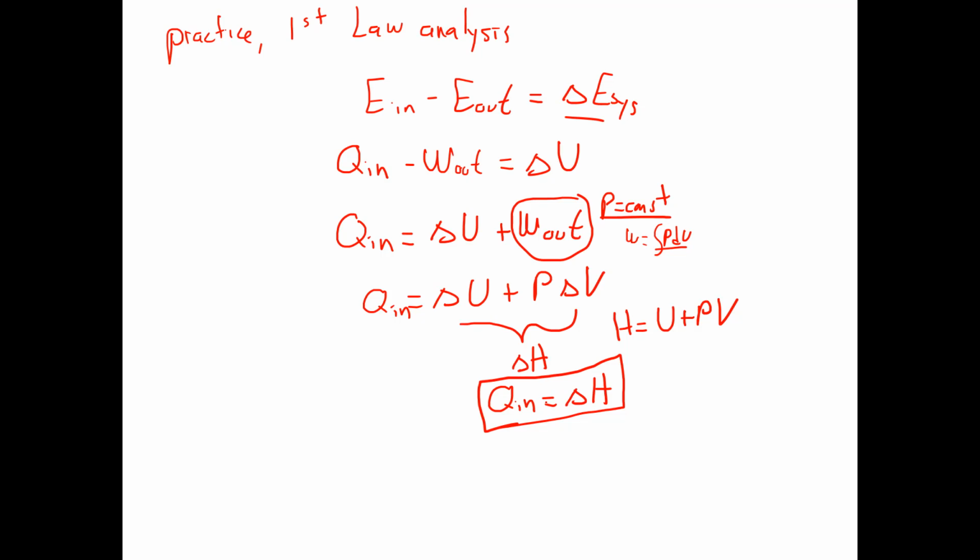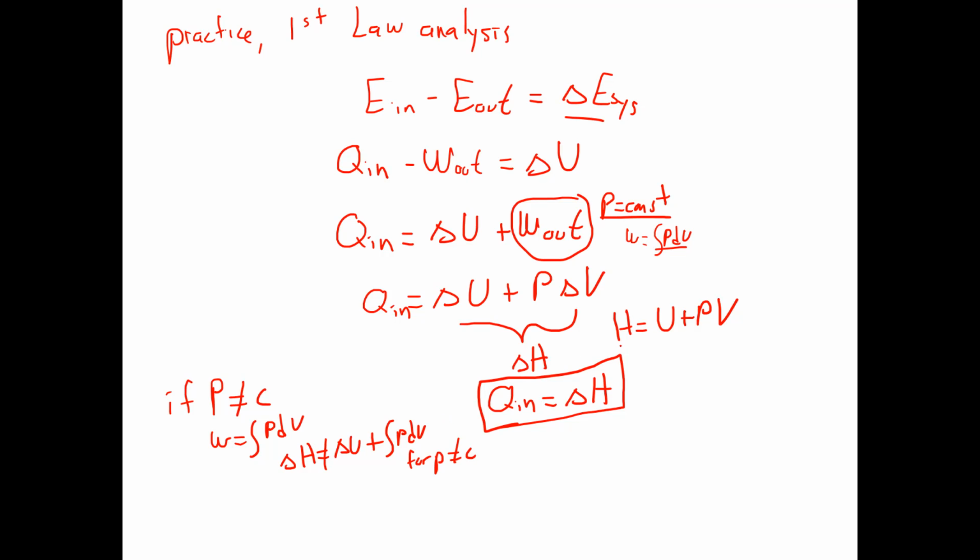Now, what's interesting to keep in mind is that if the pressure was not constant, the work would be left in the integral form of P dV. And delta H is not equal to delta U plus the integral of P dV for pressure not being constant, right?